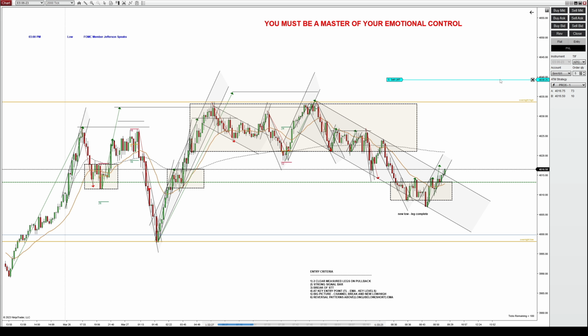Again, it failed here at this overnight high, which I have right here. This is also my overnight lows right here. So anyhow, we get a couple legs down, and then right here we get another leg down.